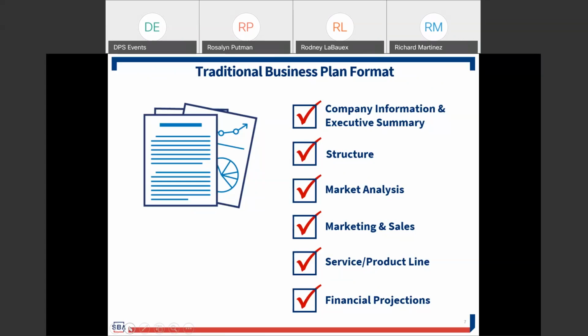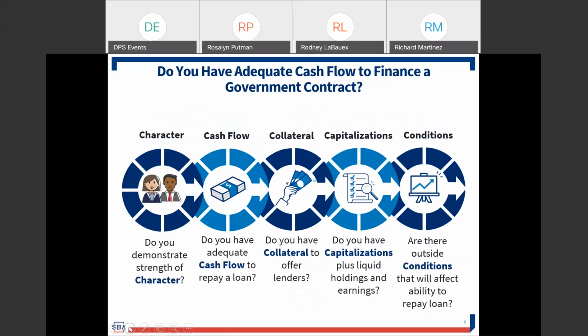Again, a business plan gives you direction on where you're going and how to get there. Do you have the adequate cash flow to finance a government contract? Do you have the character? Do you demonstrate strength of character? Do you have the cash flow? If you need a loan, do you have the collateral to repay it?